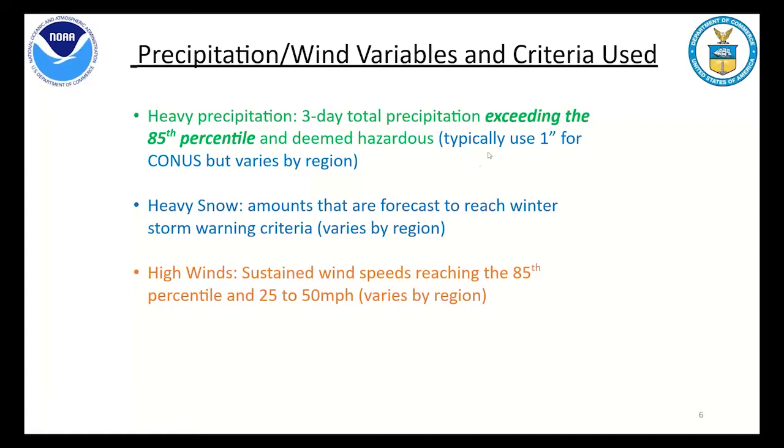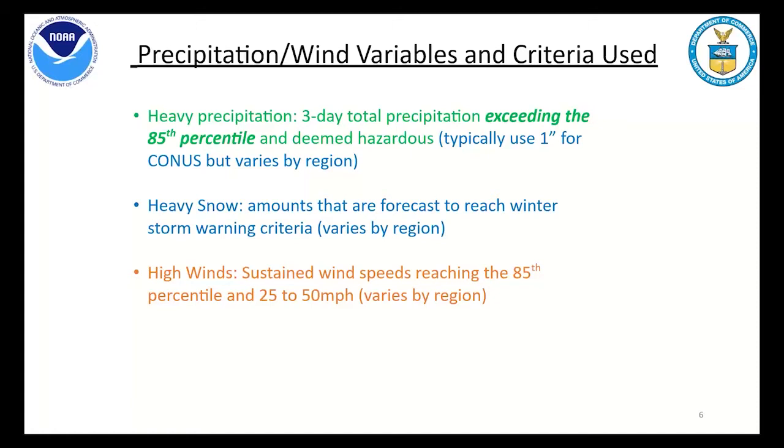That's very important because some parts of the country, such as the Gulf Coast, the Pacific Northwest, 3-day precipitation amounts of 1 inch would not be considered hazardous, and not too far off from climatology during the wettest times of the year. Heavy snow with amounts that are forecast to be near or reach winter storm warning criteria.